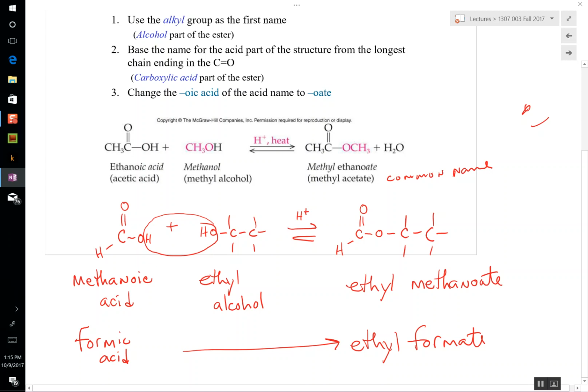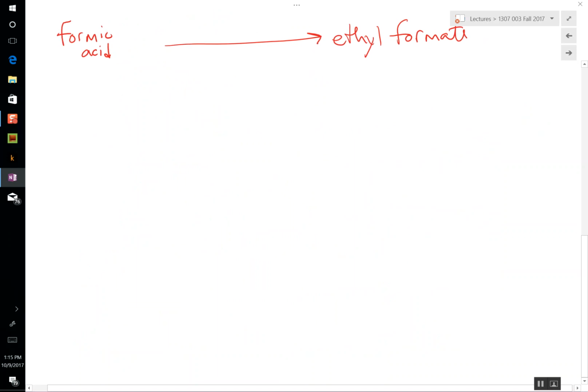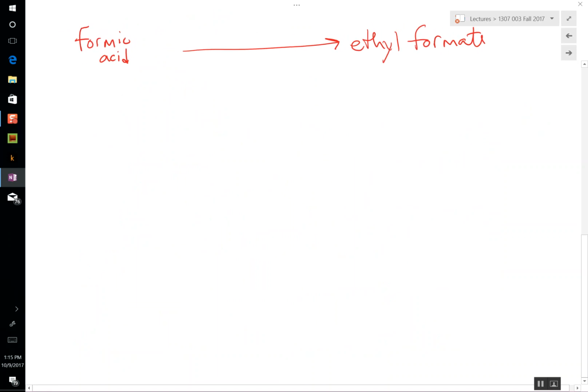Okay, let me give you a really tough one. Here's a really tough one. And Steen isn't going to help you out on this one. Someone's got to come up with the name of this one. Here's an ester. This isn't a really tough one.